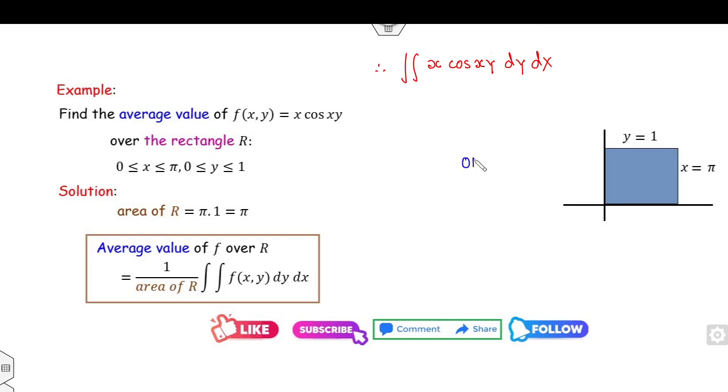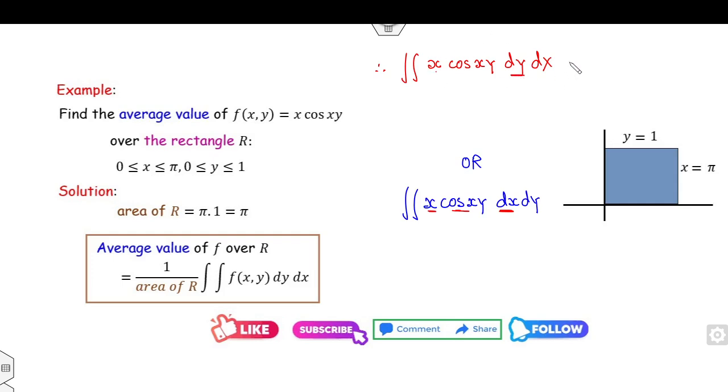Or you can also use x cos(xy) dx dy, but make sure that if you use dx first, then you have to use the product rule for the integration, while if you use dy first, then x is a constant.